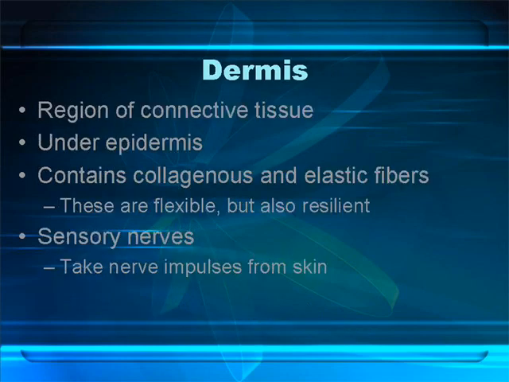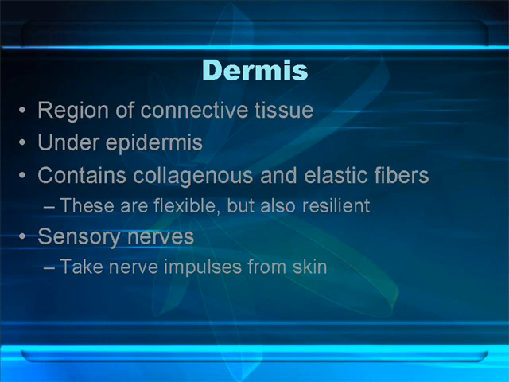Now the next layer, or the middle layer of your skin, is your dermis. It's in between the epidermis and the subcutaneous level, and this is the layer of your skin that contains the elastic fibers. It gives your skin that flexibility. So when you bend your arm, your skin kind of stretches out over your elbow.